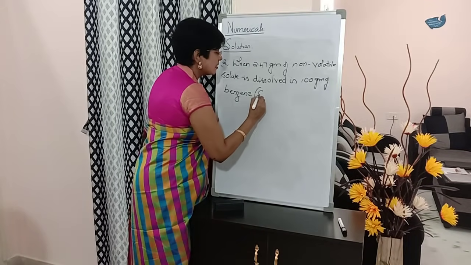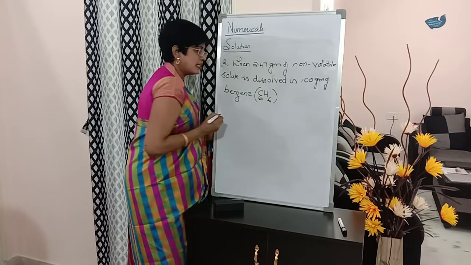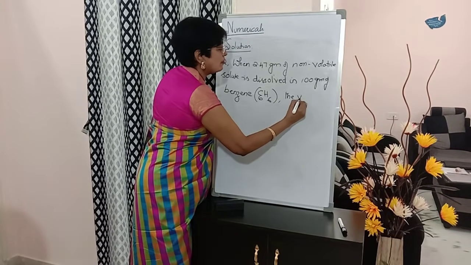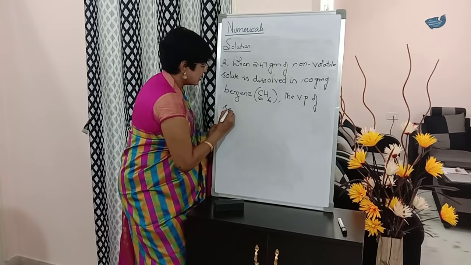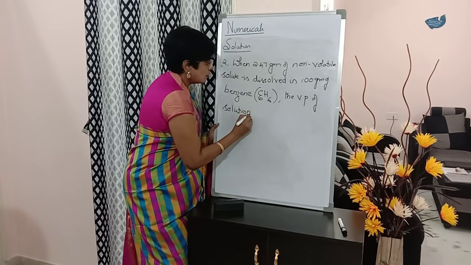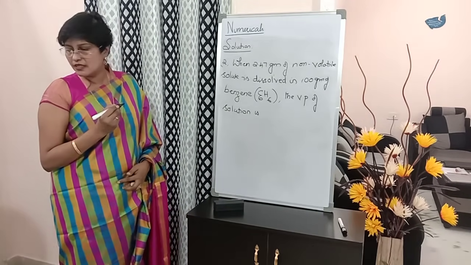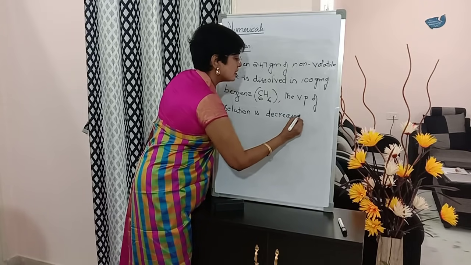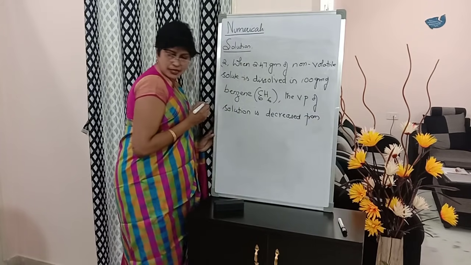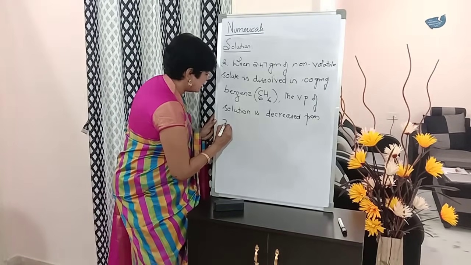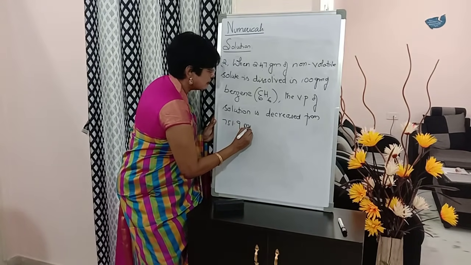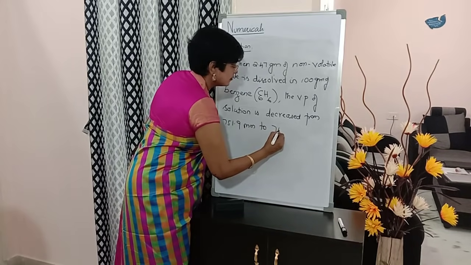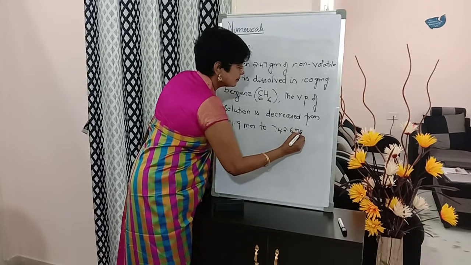brackets write down, its formula C6H6, comma, the vapor pressure of solution is decreased from 751.9 mm to 742.6 mm.